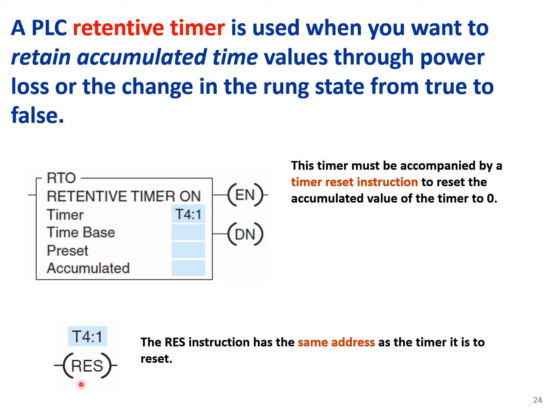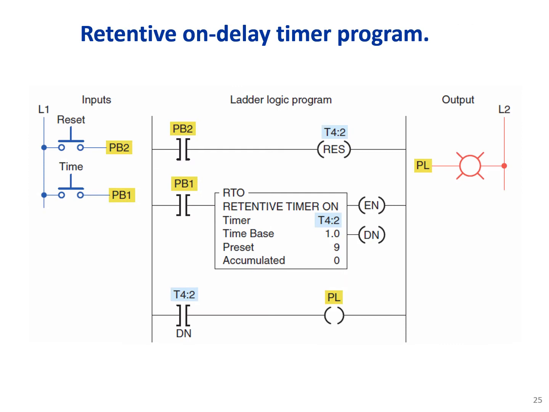And we need to reset them, otherwise the accumulated time won't go back to zero. So we need another instruction or coil to reset those retentive timers. Here we have one example. We have push button 1 and push button 2. One is for timing and the other one is the reset push button.